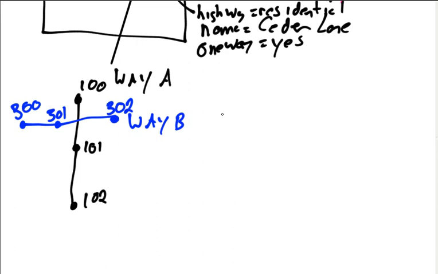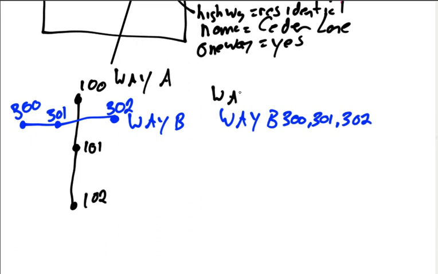So way B has 300, 301, 302, and way A has 100, 101, and 102. They don't share these nodes.